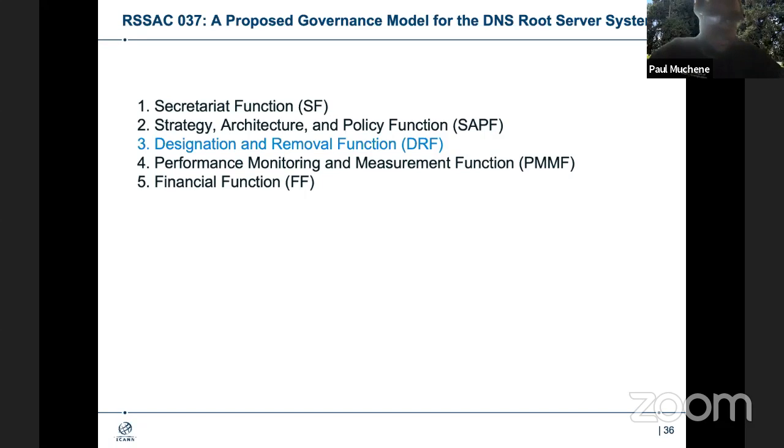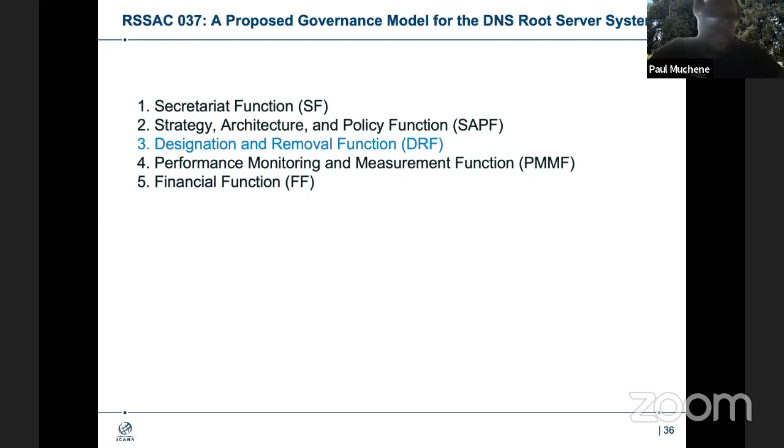So there'll be policies that will be made to discuss the architecture and overall strategy of the entire root server system, whether there should be more instances, whether there should be another label, because the DNS protocol has changed and it can currently allow more than 13 labels. So this will be the function that will discuss this and implement it.